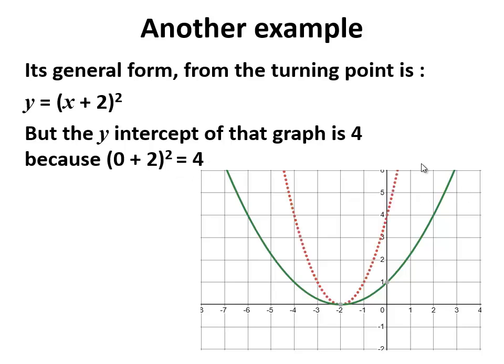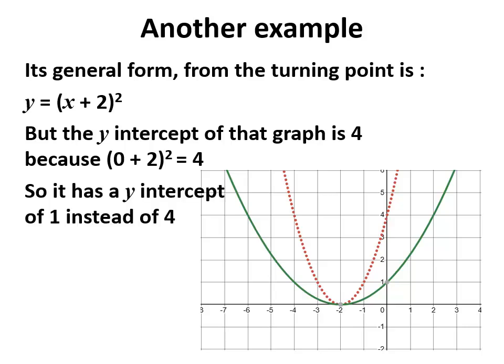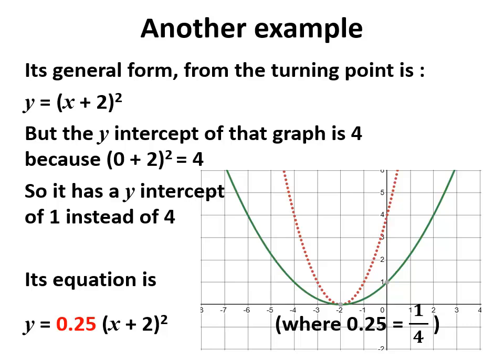So we would get this parabola if we sketch y equals x plus 2 squared. The intercept is 4, whereas our one is 1, so ours is far less steep. So the equation for the green line is 0.25 x plus 2 squared because it has gone up 1, whereas without the multiplier it will have gone up 4.